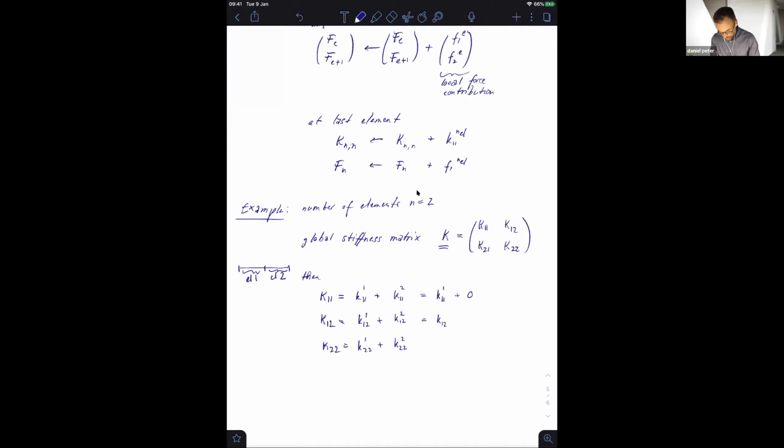It's only a local contribution from element 1, but no contribution from element 2. But then with K22, we do have these two contributions.